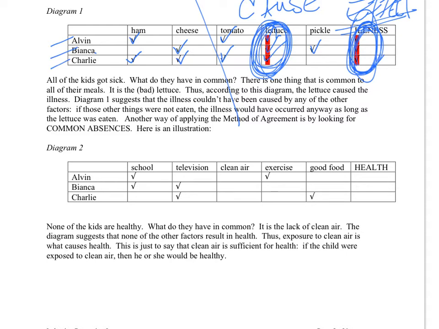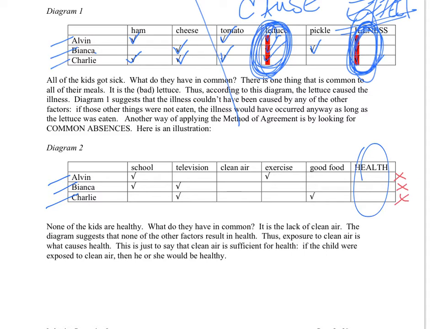In this case, we're using the same individuals again, Alvin, Bianca, and Charlie. It turns out none of them have health. So none of them are healthy. So let's just put an X mark next to all of them to indicate that none of them are healthy. Well, why is that?